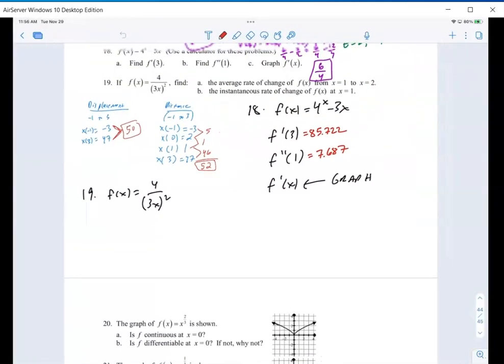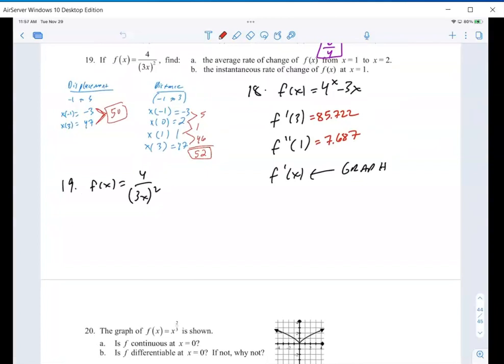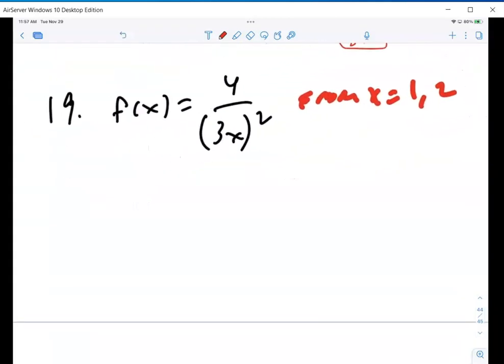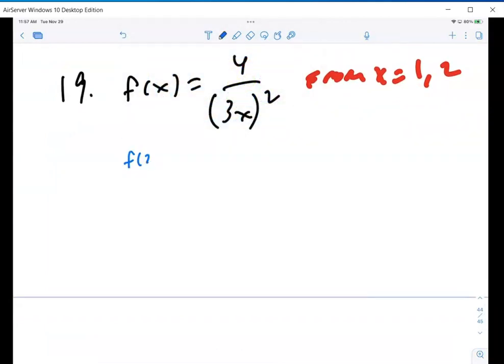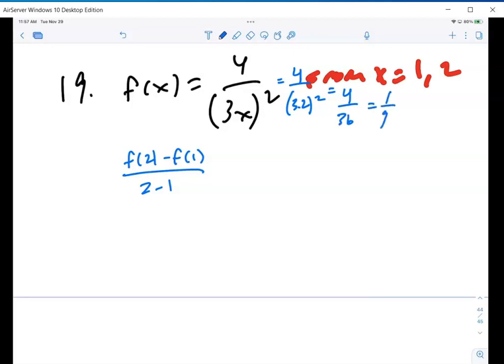All right. The average rate of change from 1 to 2. So the way I want to do this, you guys, is I want to do f of 2 minus f of 1 over 2 minus 1. I don't take a derivative or anything. I just plug it in. So at 2, it's going to be 4 over 3 times 2 squared, which will be 4 over 6 squared, 4 over 36, which will be 1/9, I believe.